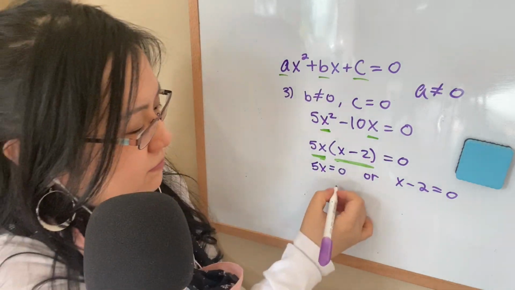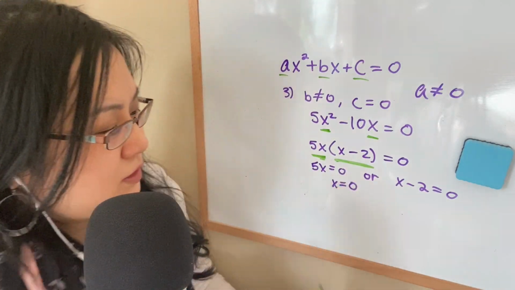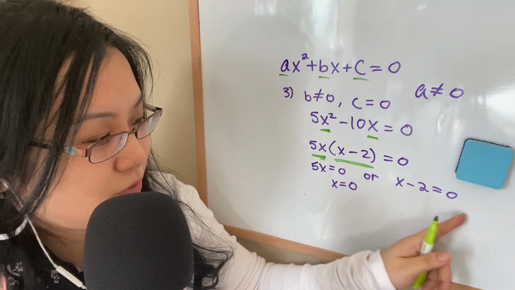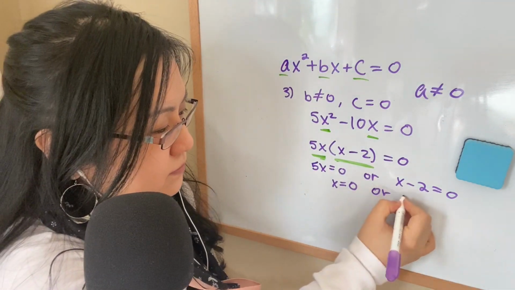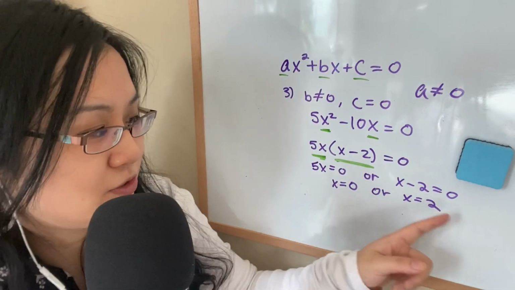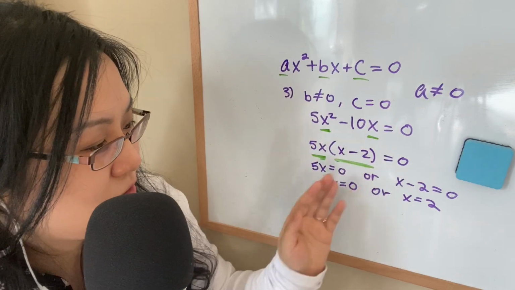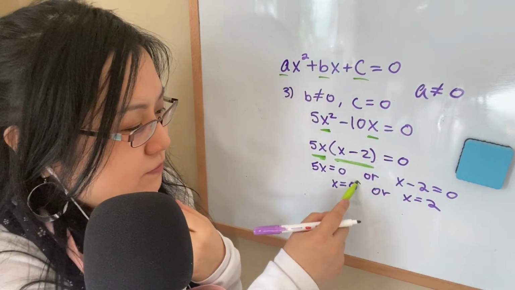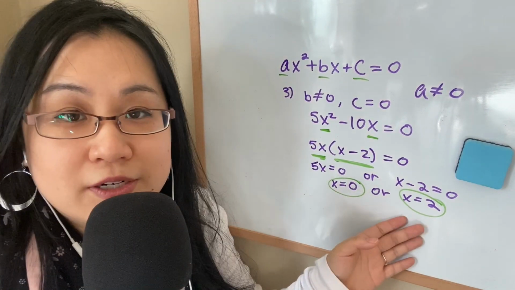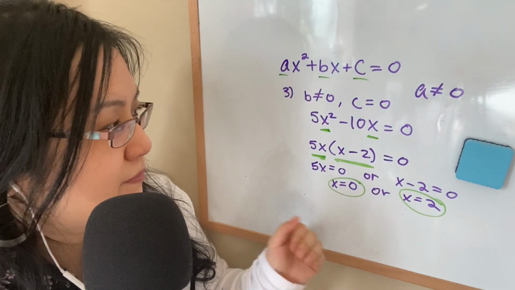And then from here you get x equals 0 or x equals 2 because you add 2 on both sides. Okay, so that's again solving. You break each part down into either part being 0. So you either get x equals 0 or x equals 2 or both.